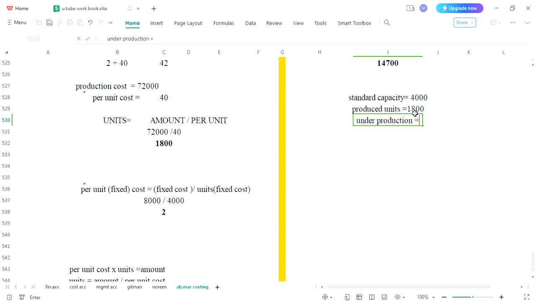For that, 4,000 was standard, and you need to subtract 1800 units. 4,000 minus 1800, so you can see 2200 units are considered under production.